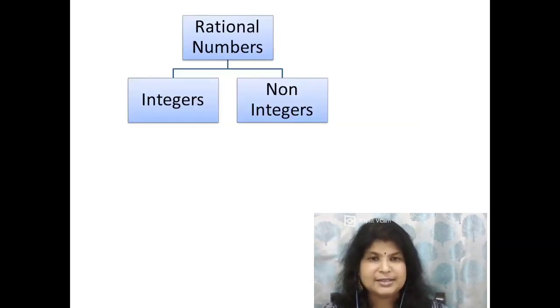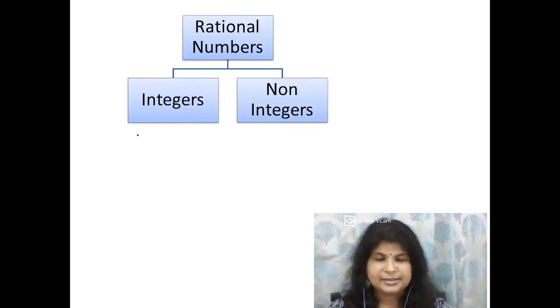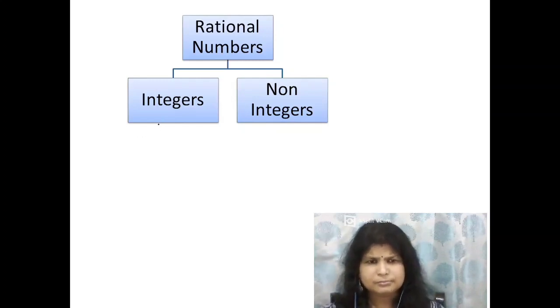Now let us discuss how the rational number is classified. Already in the definition it is told, rational numbers can be classified into integers and non-integers. Now suppose I divide these integers into many parts. Let us see how many parts we'll get.